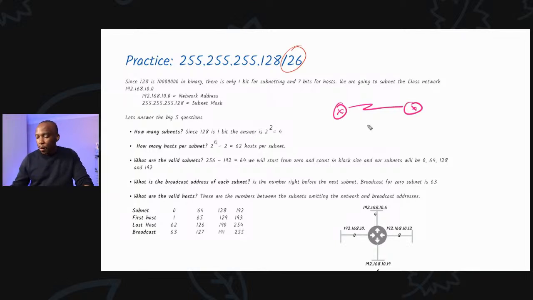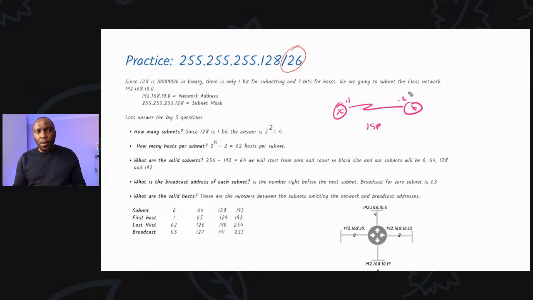This is where you're connecting to your ISP, and only 2 IP addresses are being used, right? The one on your side of the network and what's on the ISP side.